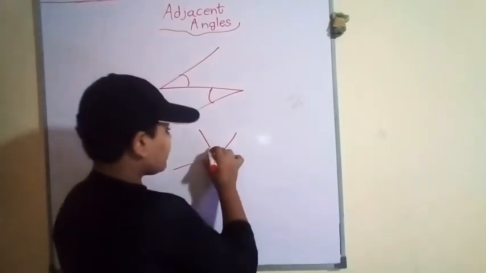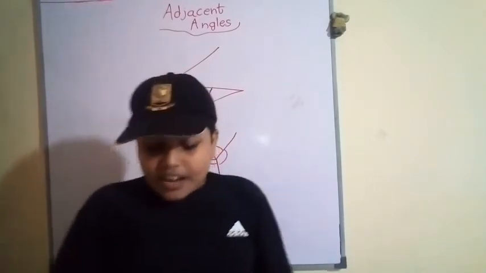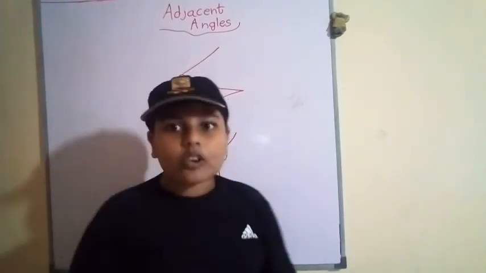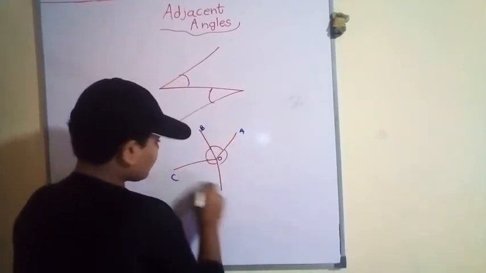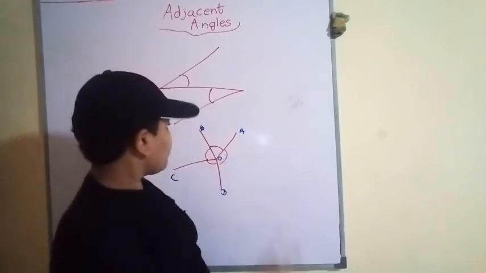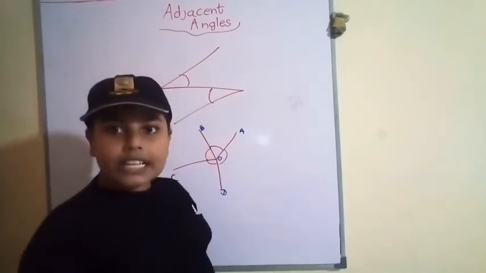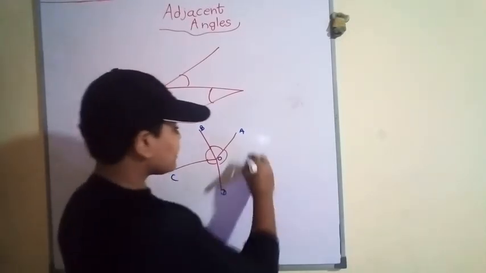Are they adjacent? No, there is no common arm. You have figures like this where all the angles have a common vertex, with arms DO, AO, BO, CO. The common vertex is there but there is no common arm. That property is not satisfied, so they are not adjacent.